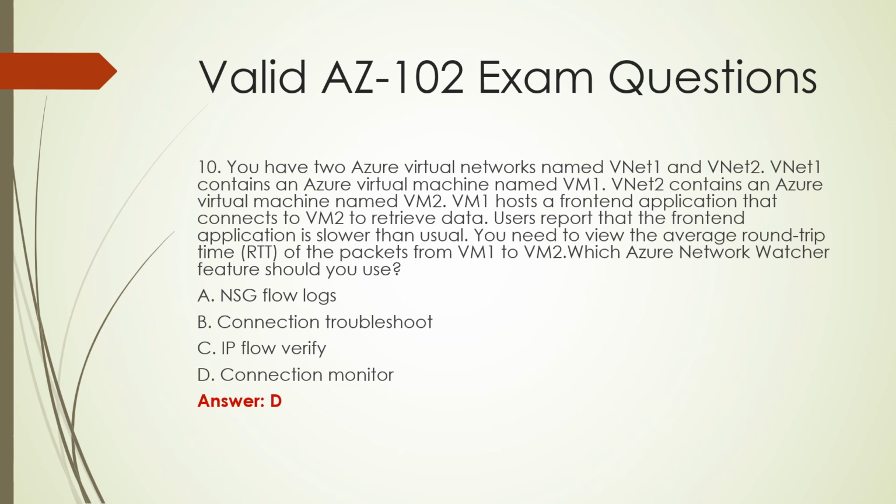You need to view the average round-trip time (RTT) of the packets from VM1 to VM2. Which Azure Network Watcher feature should you use? A. NSG flow logs. B. Connection troubleshoot. C. IP flow verify. D. Connection monitor. Answer D.